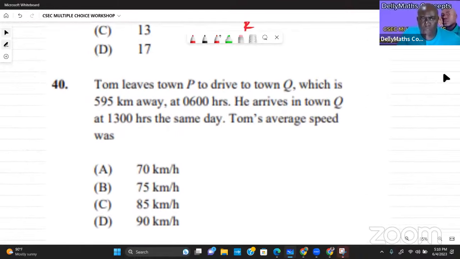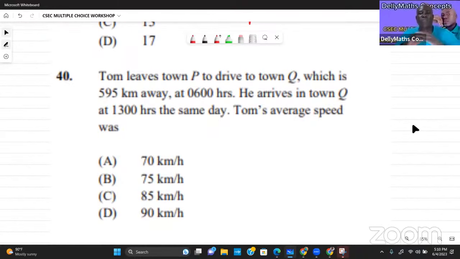Number 40. Tom leaves town P to drive to town Q, which is 595 kilometers away, at 6 hours, and arrives at Q at 13 hours. The average speed is total distance over total time. Total time is to take the 6 from the 13.